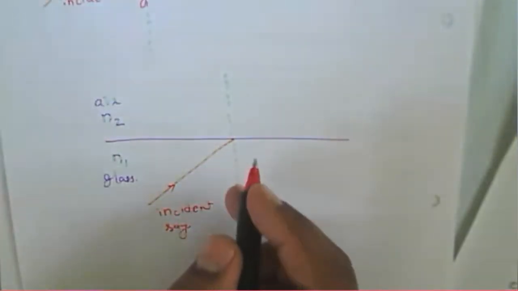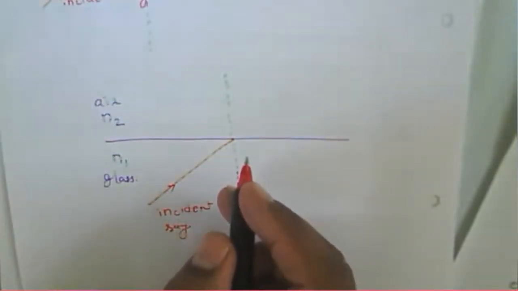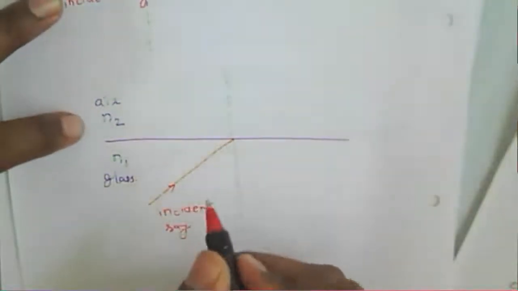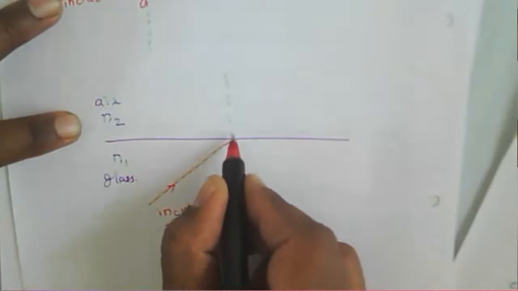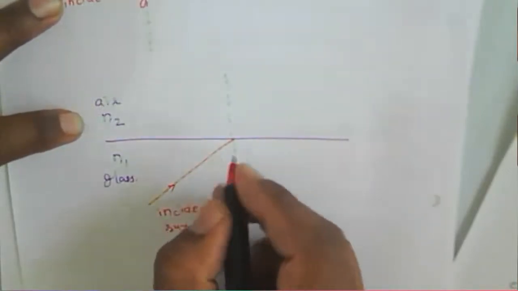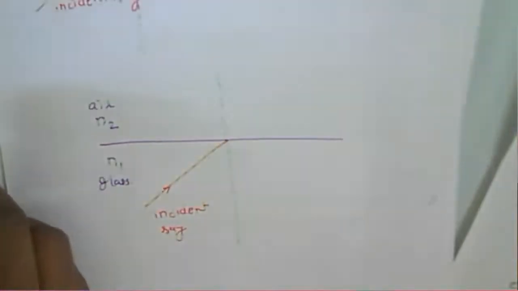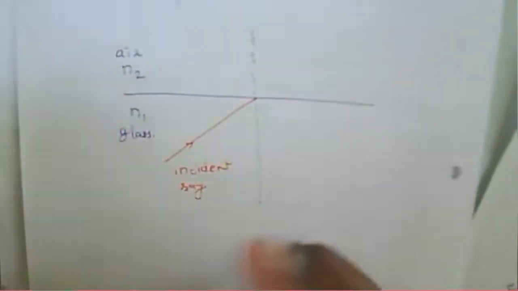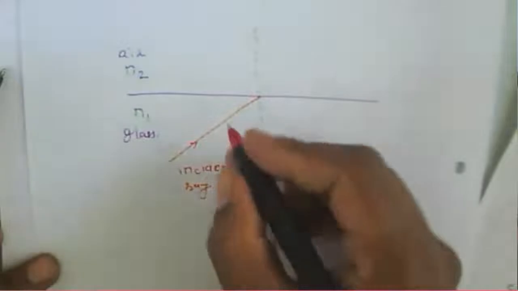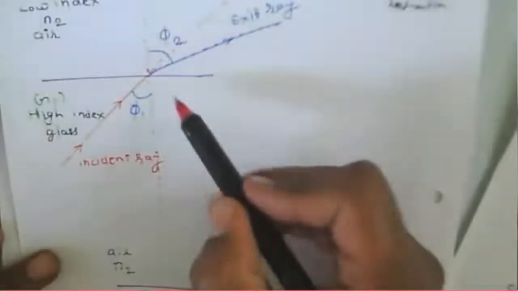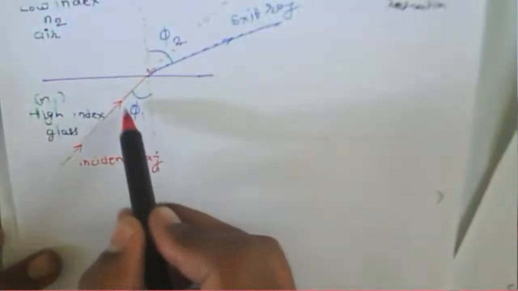Now a ray reaches here. In that case, due to the difference in the refractive index, what should happen? The condition is that if phi 1 is large, we are changing the values here.